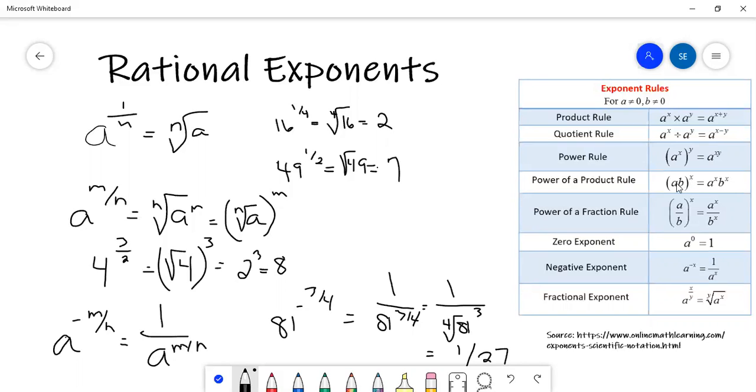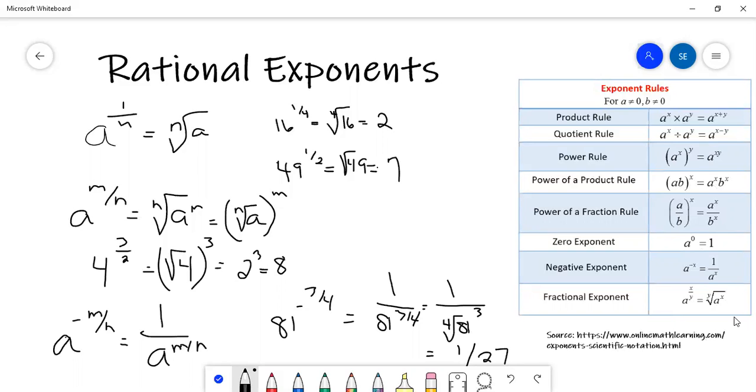When we have a product to a power, we raise both of those variables to that power. If we have a fraction to the power, we do the numerator and the denominator to that power. Anything to the 0 is equal to 1. A to the negative x is 1 over a to the x. And then this is what we covered here today: the fractional exponents can be rewritten as such.